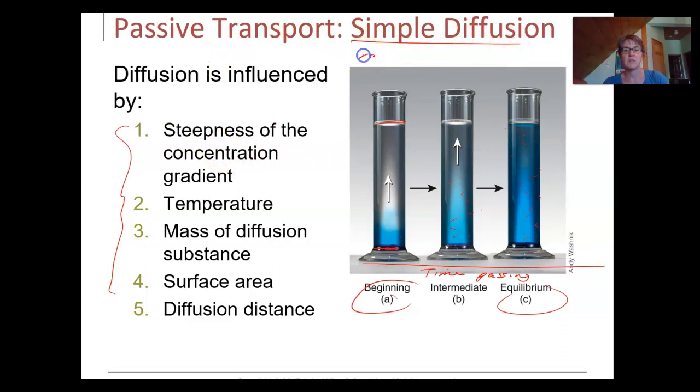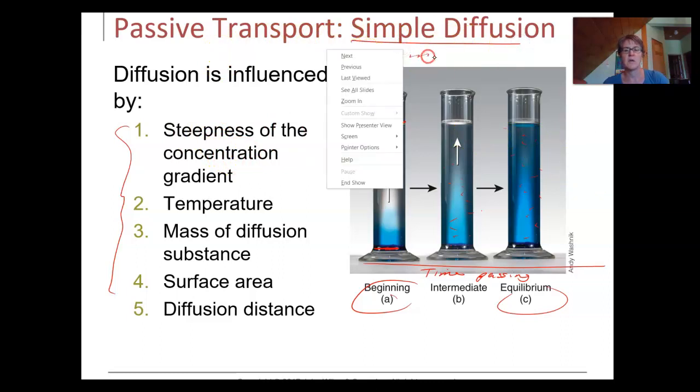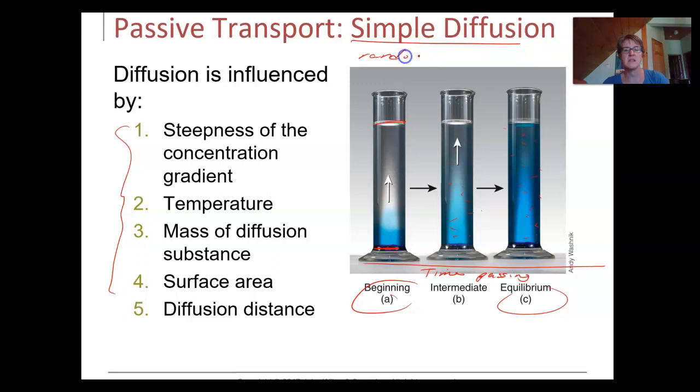It's just random collisions. And certain things in your body do move by diffusion. You want to know something scary and crazy? Oxygen depends on diffusion. Whoa. Carbon dioxide depends on diffusion.